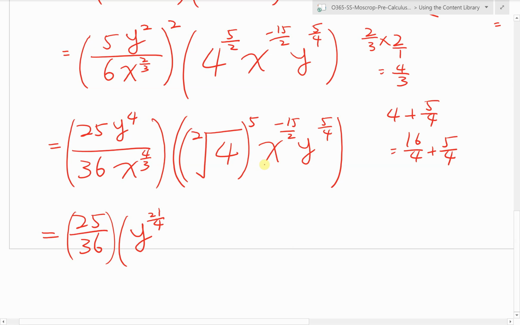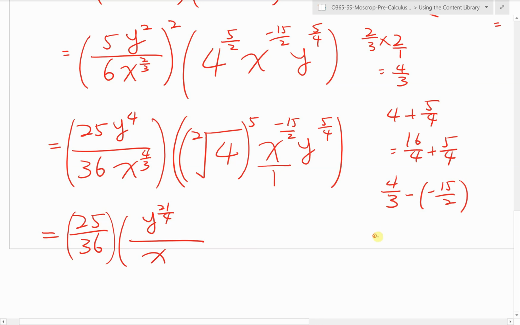If you think about this, that's over 1. So that's the numerator and that's the denominator. This is bigger, so I'm going to subtract from the denominator. I'm going to erase this for now. Y to the power of 21 over 4 over x. So if I subtract from the denominator, then I have 4 over 3 minus negative 15 over 2.